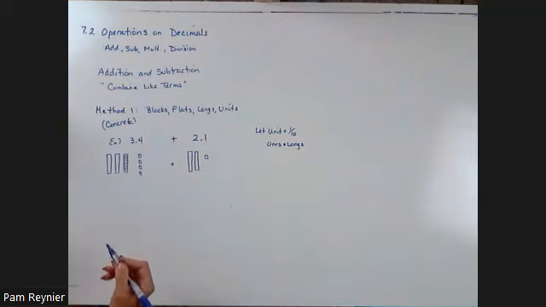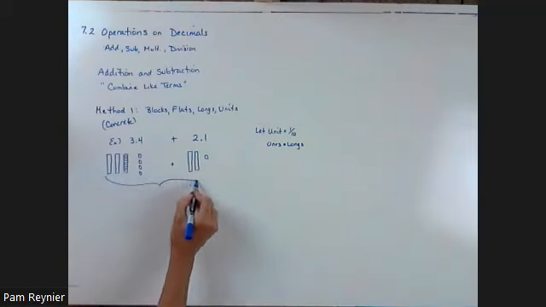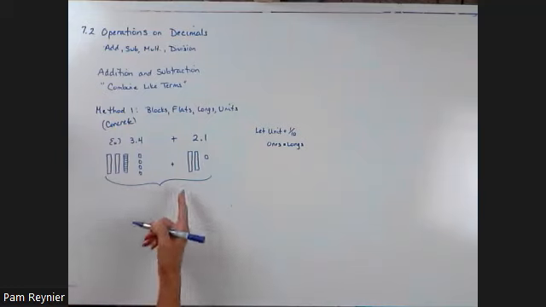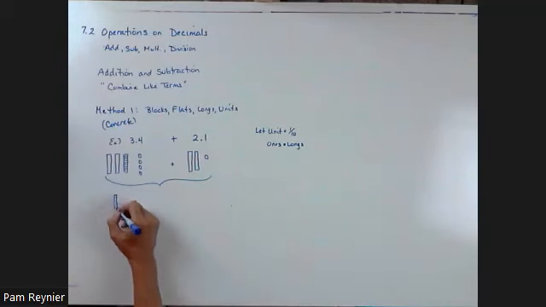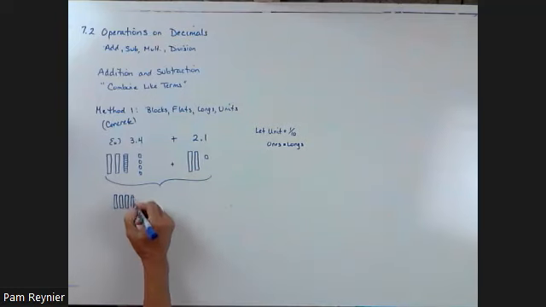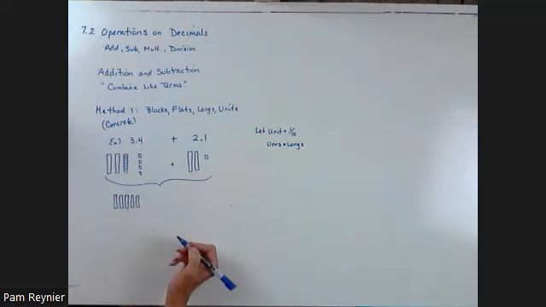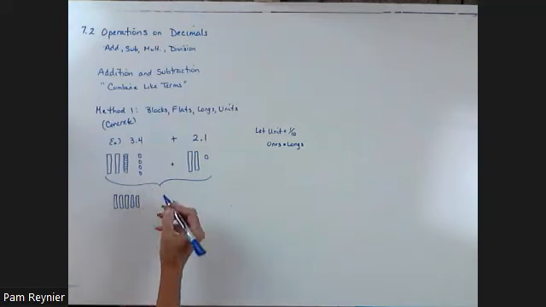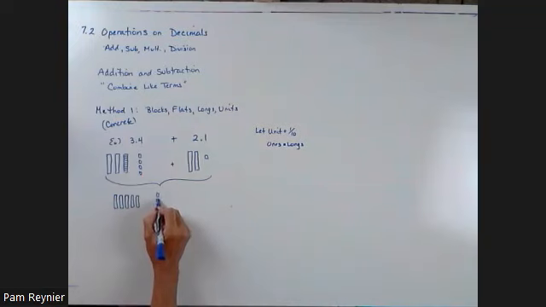So by combining like terms, when I combine these together, I'm going to end up with 3 longs added with these 2 longs, 4 units combined with this 1 unit.